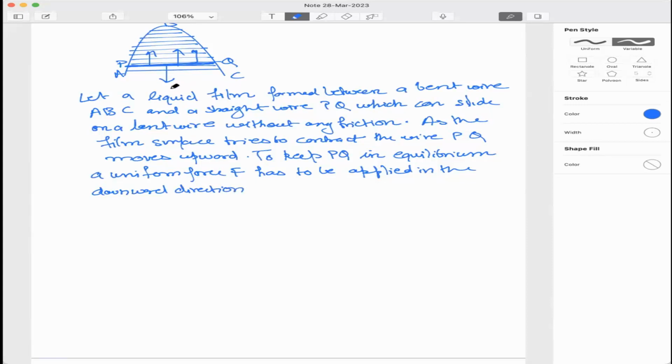We don't want to move this, so we are applying a uniform force F in the downward direction, which includes the weight of the wire. Or you can consider this wire to be massless, considering that wire is massless.